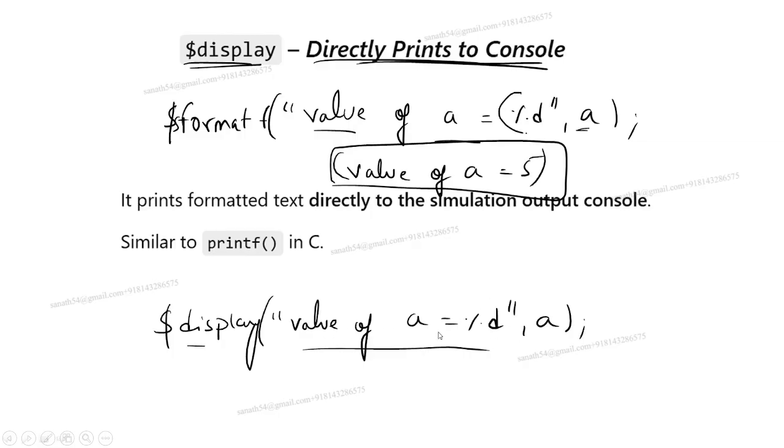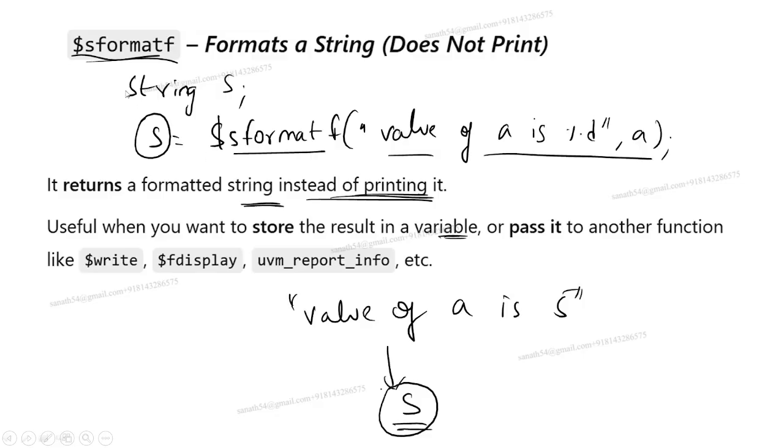But if you consider $sformatf, it will give the result in terms of a string. It returns a formatted string instead of printing. That means this value will be assigned to a string. Suppose string s and s = $sformatf(...). So these values are assigned to the string, formatted into a string instead of printed. This is nothing but $sformatf.